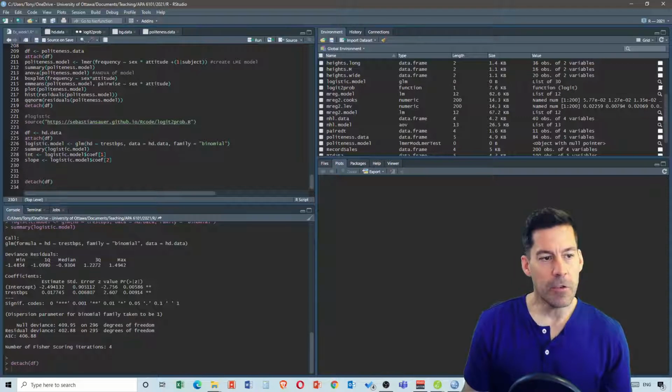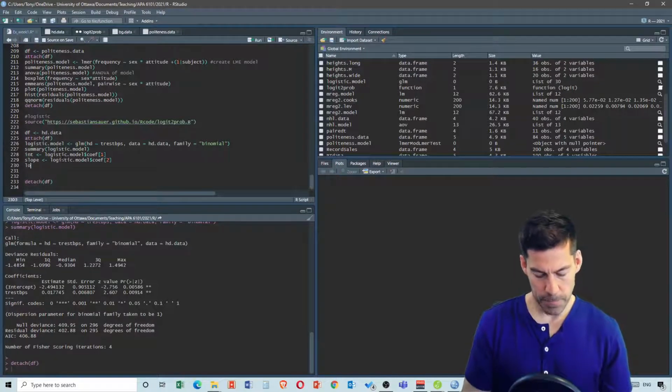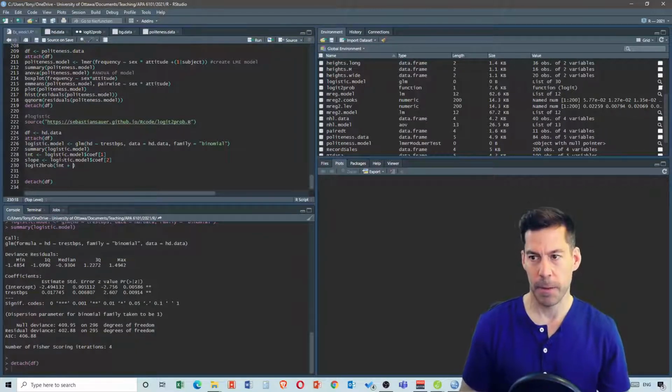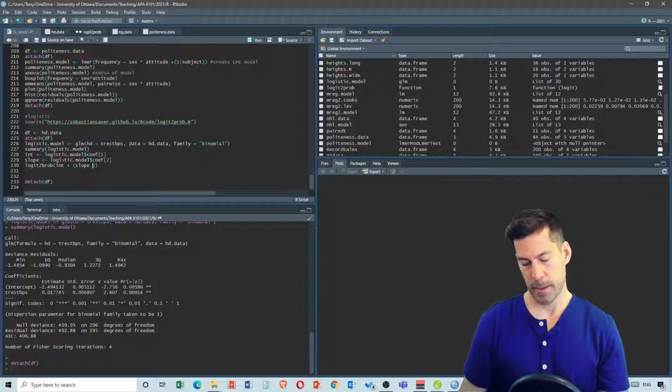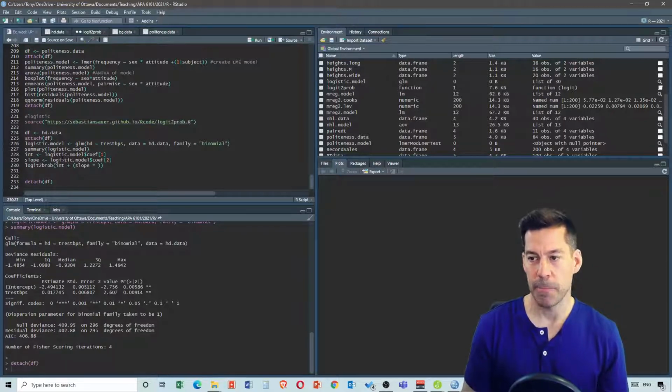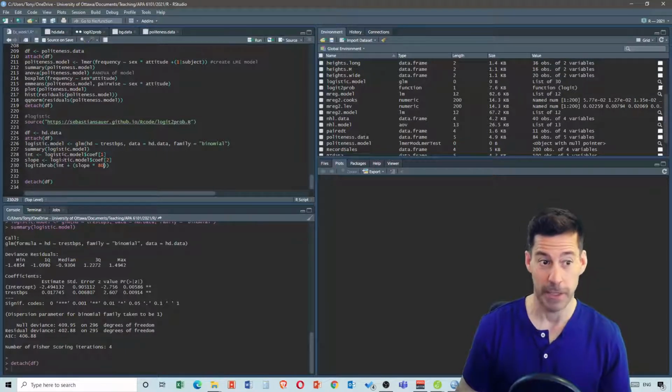Then I'm just going to use my logit to prob function. I'm going to take the logistic regression equation output and calculate a probability from that. So I want to use intercept plus slope times, if we estimate maybe blood pressure starting at something low, 80, might be really low.